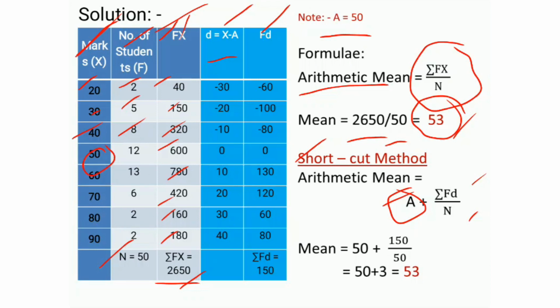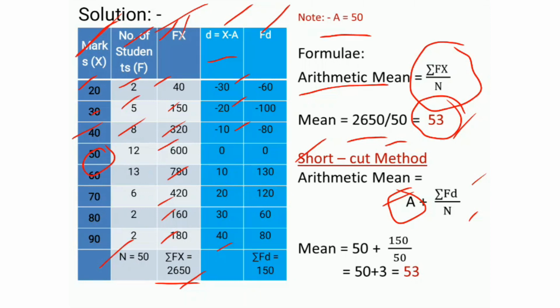So each value of x will be subtracted by a. 20 minus 50 is minus 30. 30 minus 50 is minus 20. 40 minus 50 is minus 10. Similarly, you will get all the values. After finding d, multiply each d value with f.